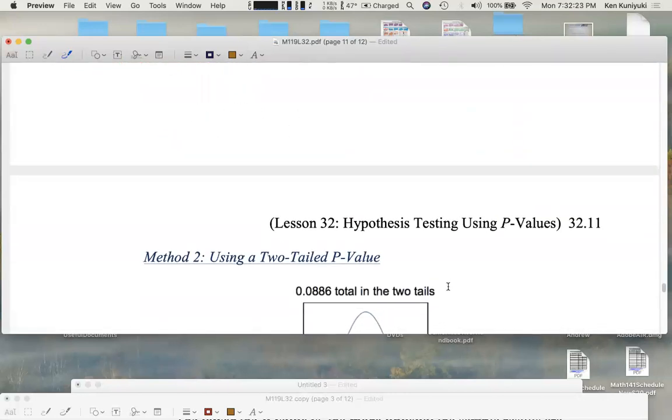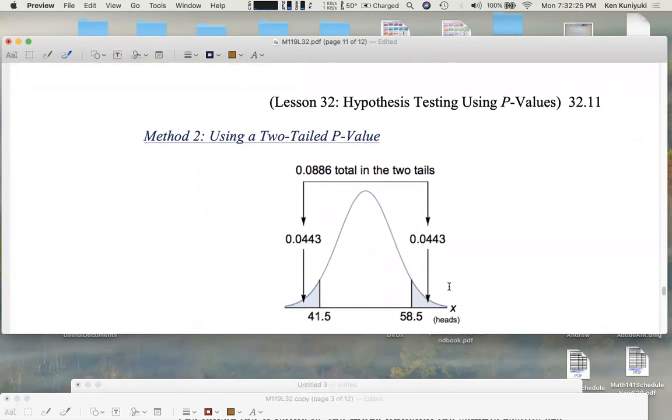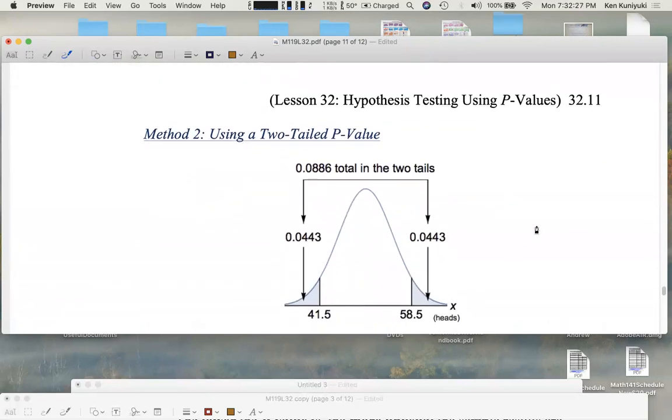What about a two-tailed p-value? So 59 heads, is that unusual? Well, what does it mean to be at least as unusual as 59 heads? In method 1, we said that at least as unusual meant getting at least 59 heads.